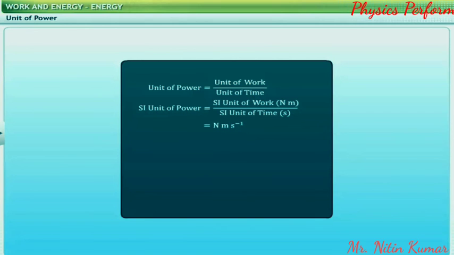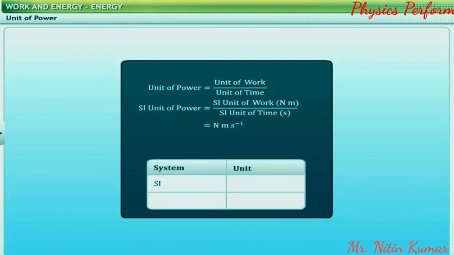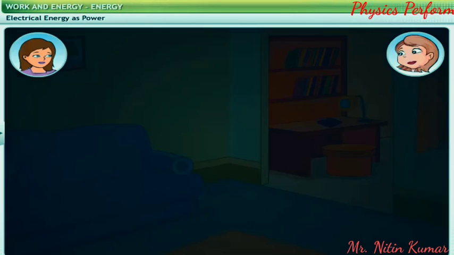Thus, the unit of power in SI system is Newton meter per second. 1 Newton meter is 1 joule. This gives the SI unit of power as joule per second, which is watt. In the CGS system, power is measured in erg per second.